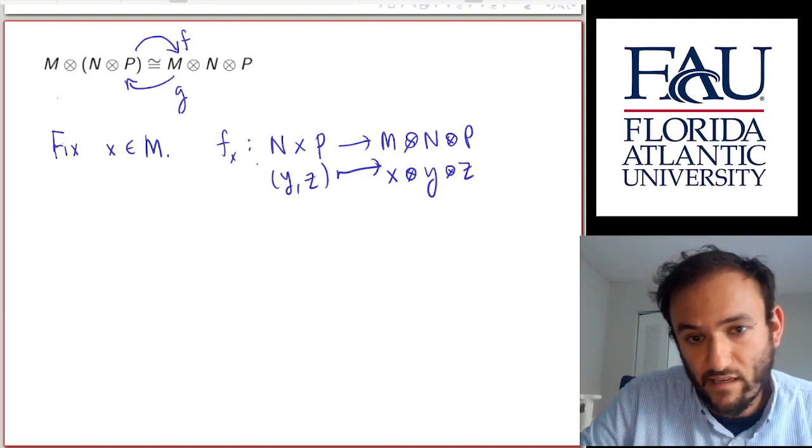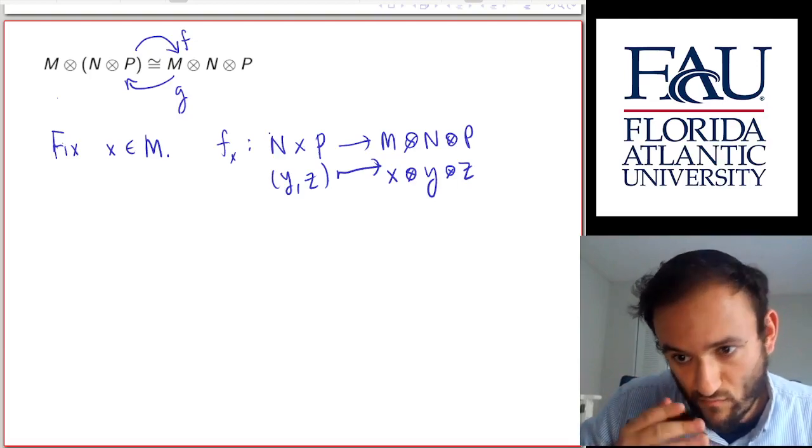Here y and z can be any elements in N and P, but x is fixed. It's indexed by the map.